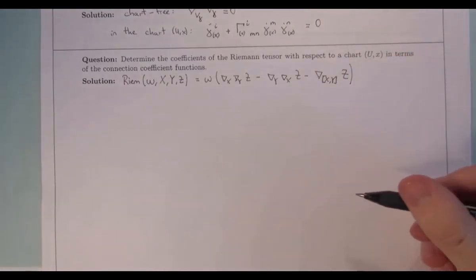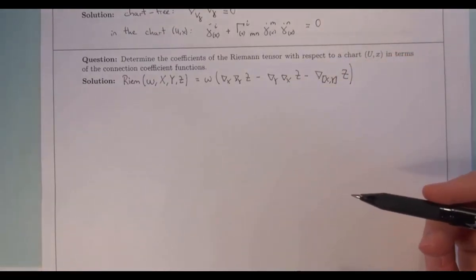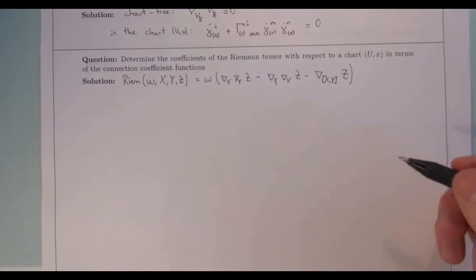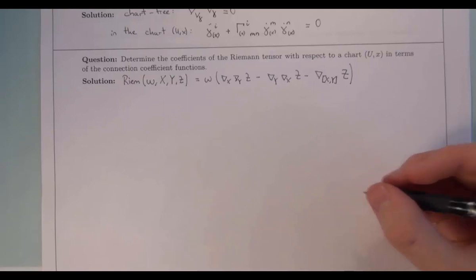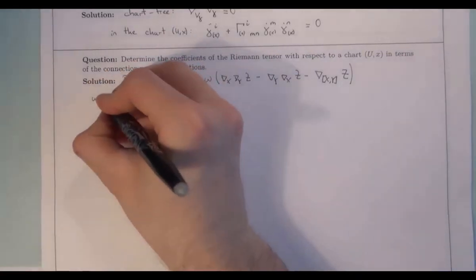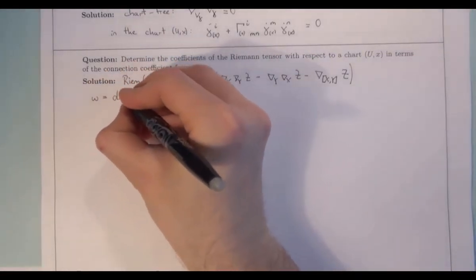And now we use the chart-induced basis fields to find the components, so the coefficients of the Riemann tensor. So we put omega is del xi.